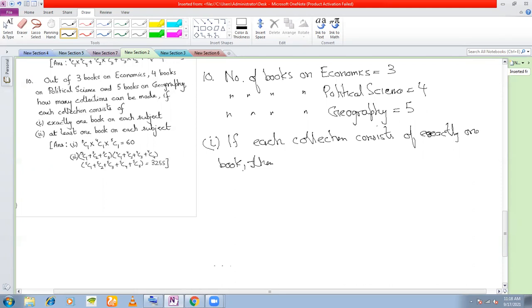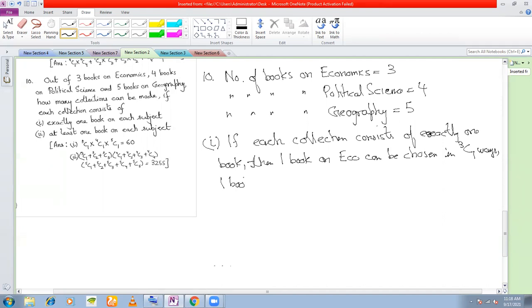You can choose any 1 book on economics in 3C1 ways.